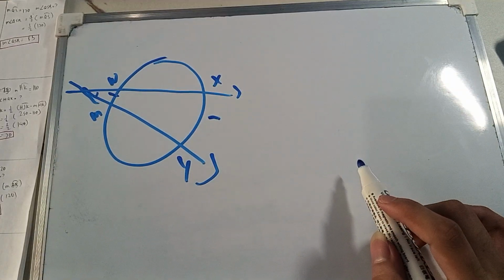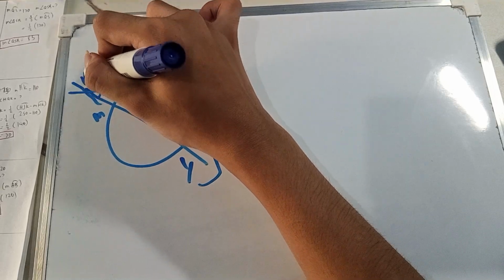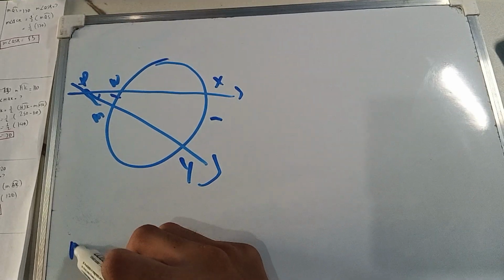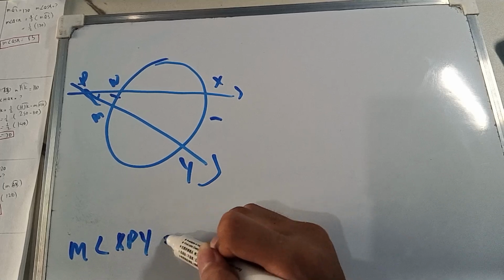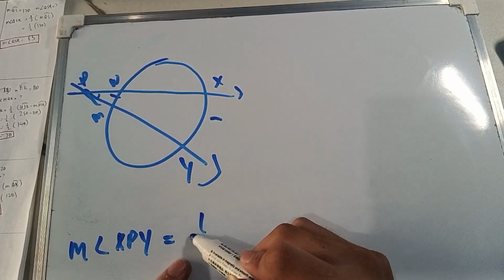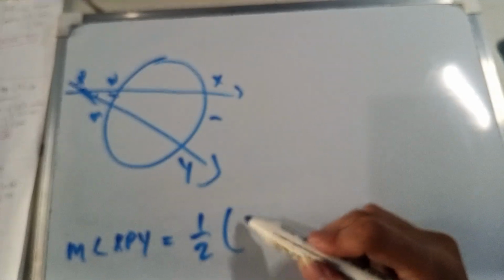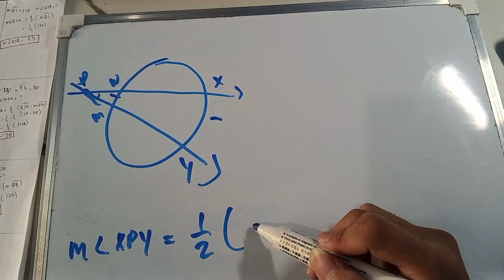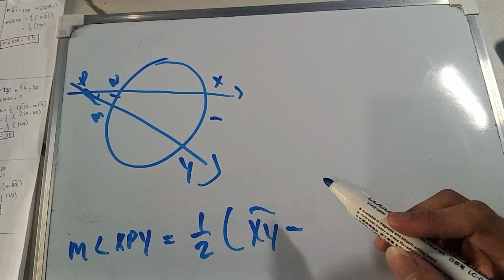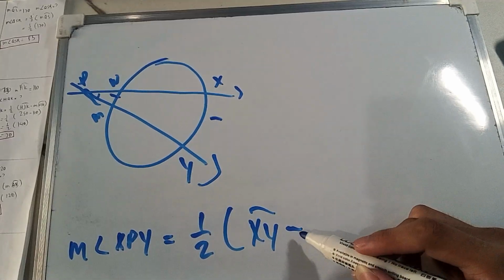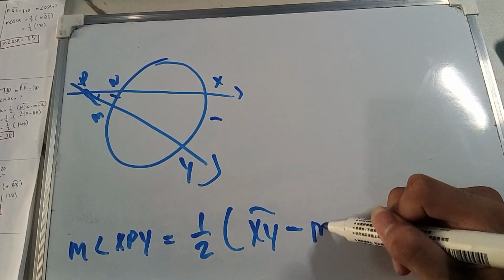Okay, and the formula to find the value of angle P is 1/2 again of the bigger arc, or the larger arc, which is arc xy, minus, since the intersection is outside, we will subtract, the intercepted arc of m and n.